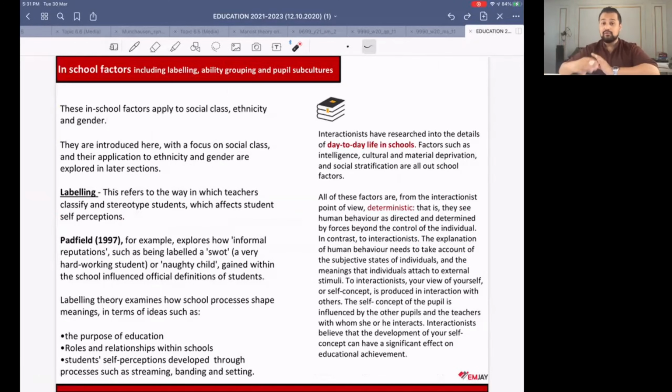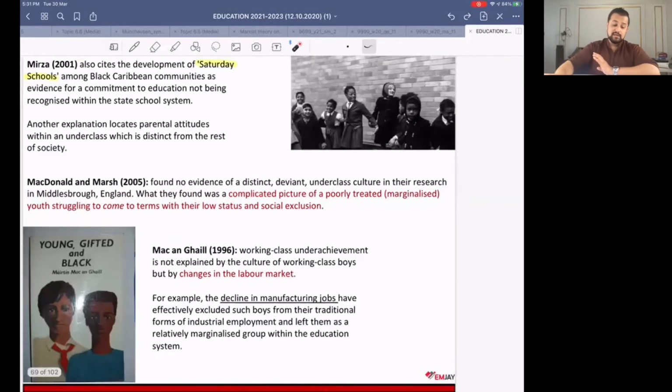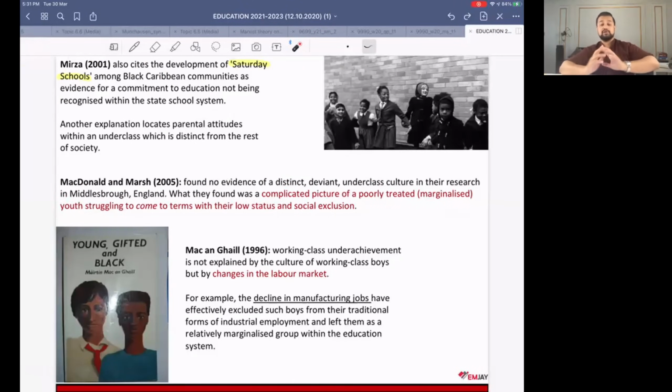Now, how in school factors, or whatever happens within school, affects things such as labeling, ability grouping, pupil subcultures in relation to social class only, right? Majorly, we talk about how this affects the educational attainment of pupils as well.